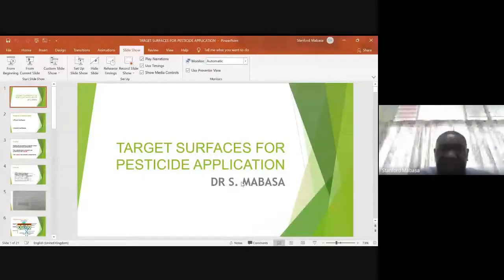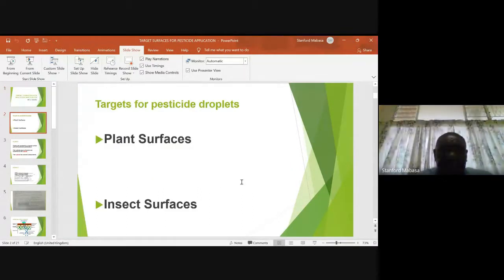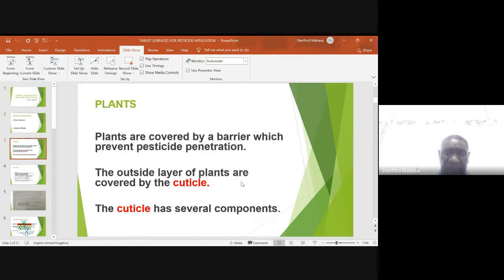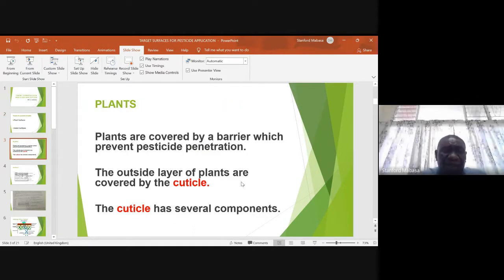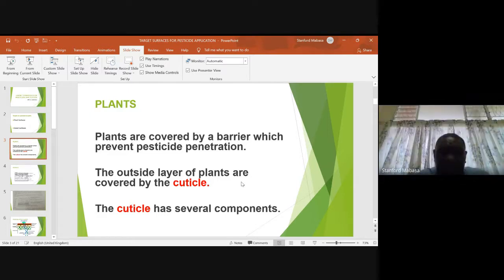So today we are going to talk about target surfaces for pesticide application. The targets for pesticide droplets are plant surfaces and the insect surfaces. Now, if we start with the plants, they are covered by a barrier which prevents pesticide penetration.